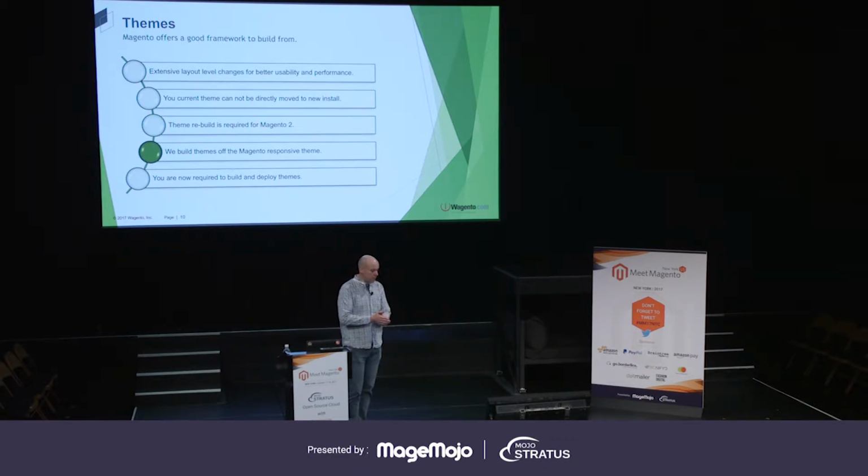We at Magento tend to build off of a core boilerplate that we've developed ourselves. It's based on the fallback of the Luma theme or the responsive template that comes with Magento. So from there, we can build out a theme.